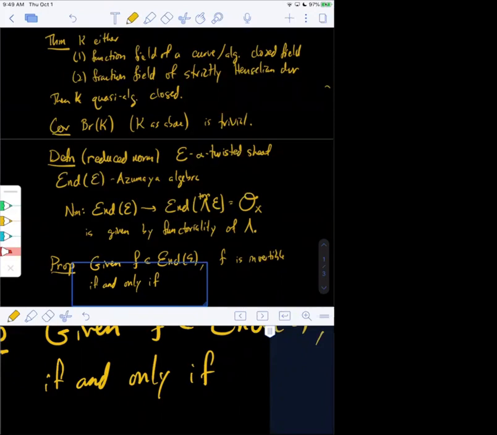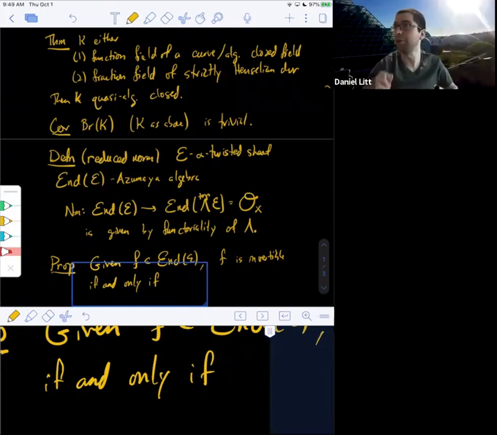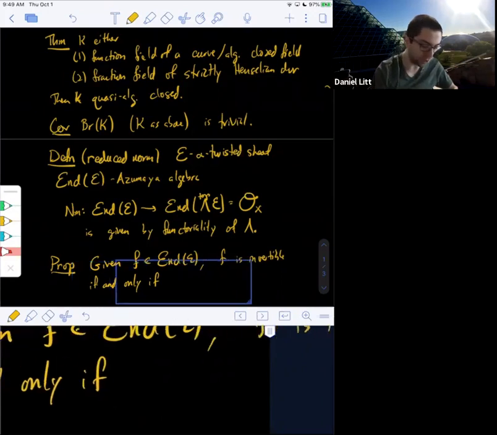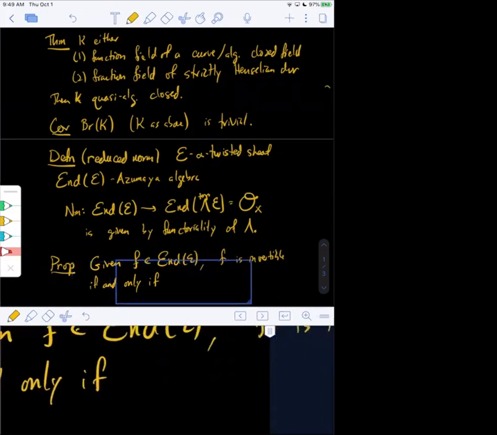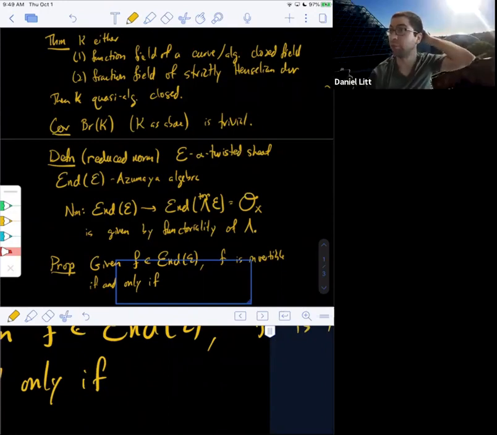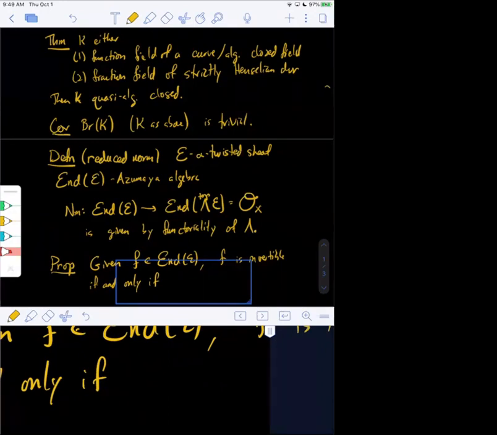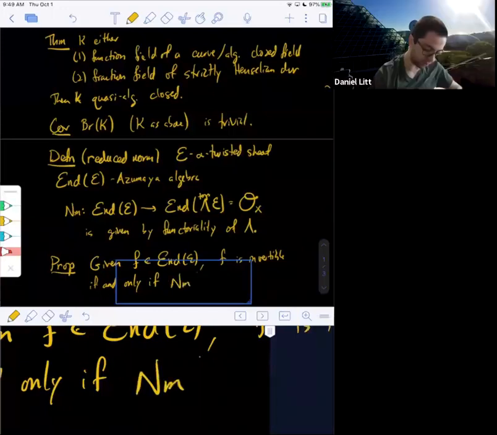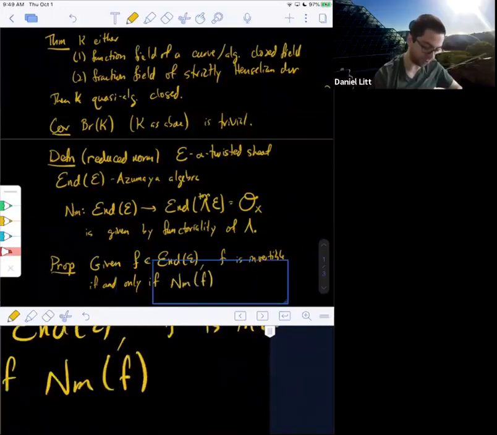Yes, its image in the determinant bundle is non-zero. It's not just that the determinant is non-zero, so Arvind, what you said is correct over a field. In general, if you're over a ring, a matrix is invertible if its determinant is a unit, right? So here, it's if the norm of F is a unit.